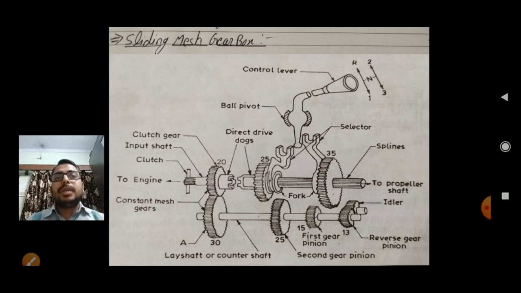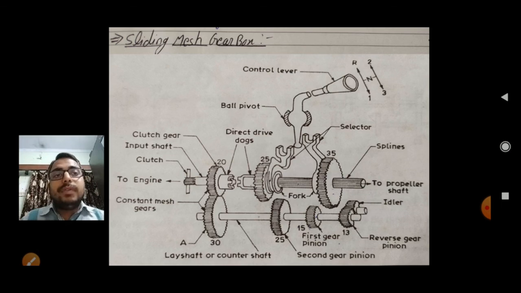Because of the rubbing of these gears, the full power is transmitted from one side to the other at the same time. Because of that, a lot of noise is generated, and the mechanical efficiency of this gear is also less.